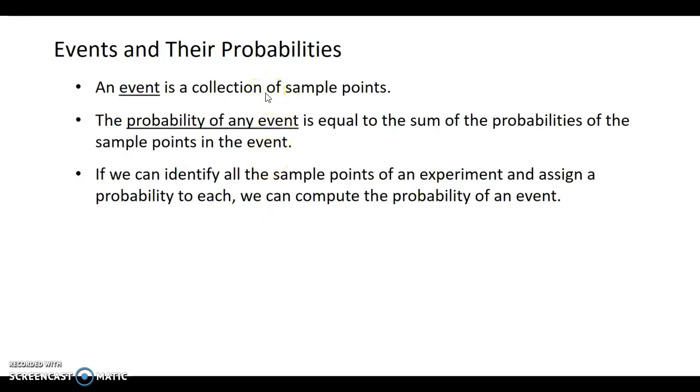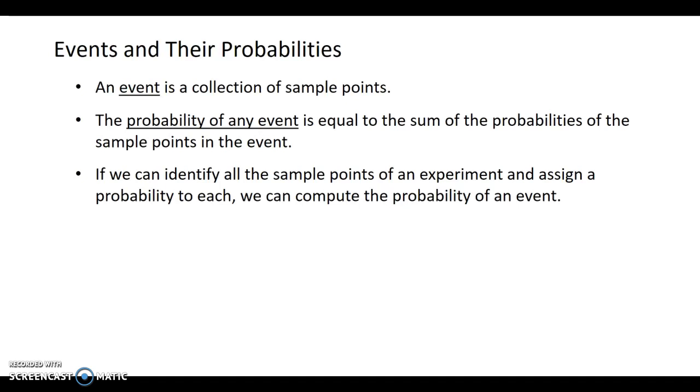Events and their probabilities. An event is a collection of sample points. The probability of any event is equal to the sum of the probabilities of the sample points in the event. So here, let's say you're picking M&Ms out of a bag, and you're going to pick 2 M&Ms.